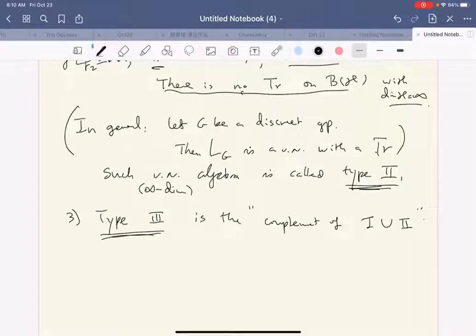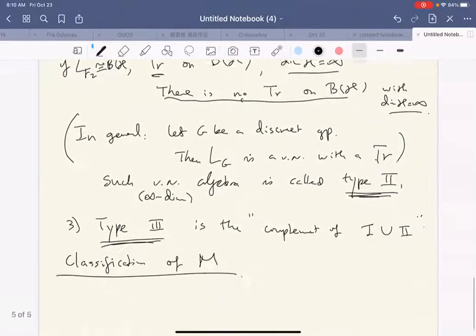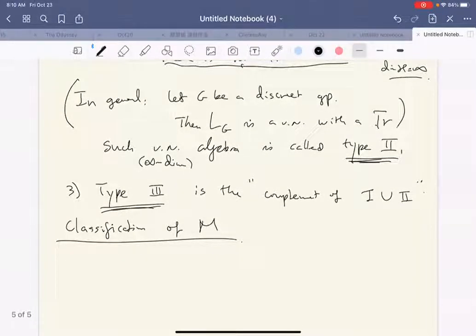So in general, let's talk about the classification problem of von Neumann algebra M. It's classified into three types, but before I do that, let me mention the building block of von Neumann algebras. Let me define what's called the center of a von Neumann algebra, written Z(M).